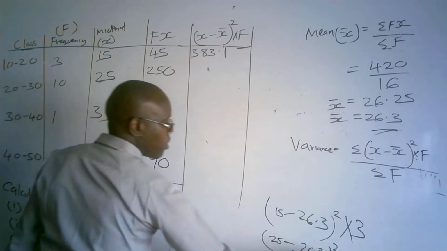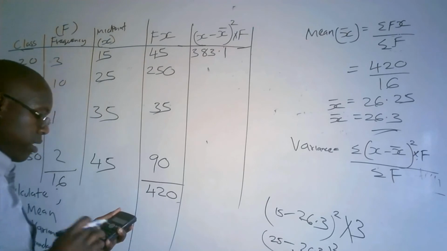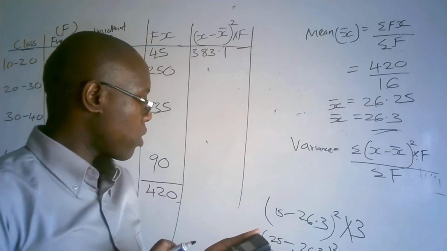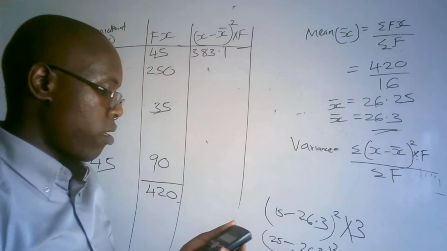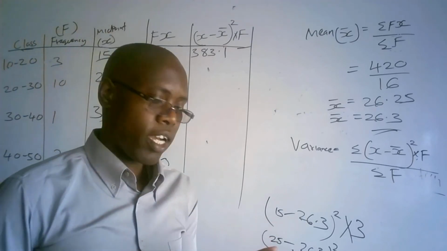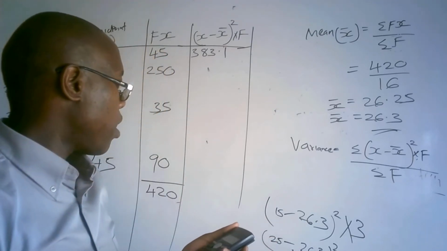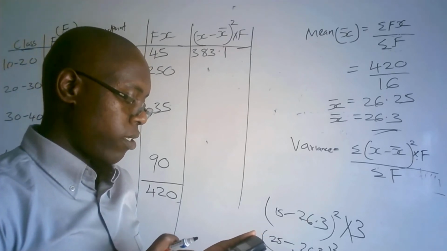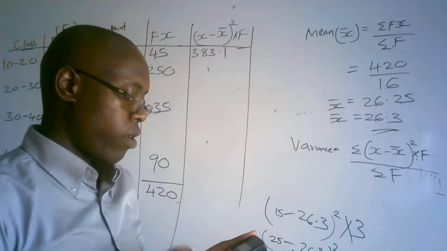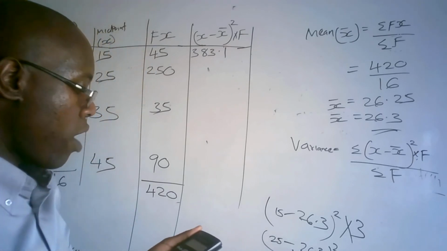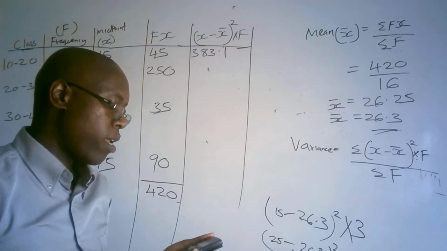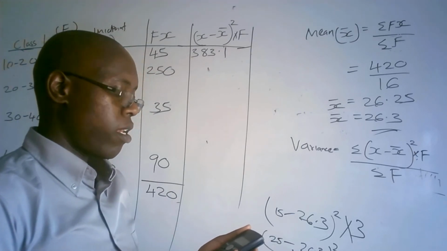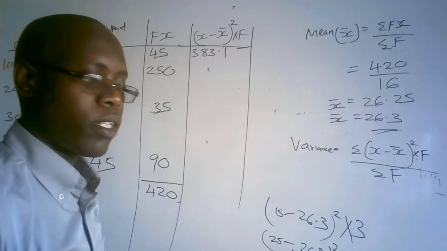So if I take 25 and subtract 26.3, I'm going to have negative 1.3, and squared first, I'm going to have 1.69, and then times 10, I'm going to have 16.9.